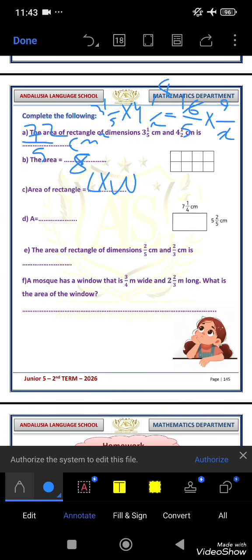Letter D. What's the area? 4 and 1 over 7 times 5 and 2 over 5. Okay, improper fractions. 7 times 4 is 28, plus 1, 29, over 4, times 5 times 5 is 25, plus 2, 27, over 5. Okay, it will be big. Let's find the product of 29 times 27.